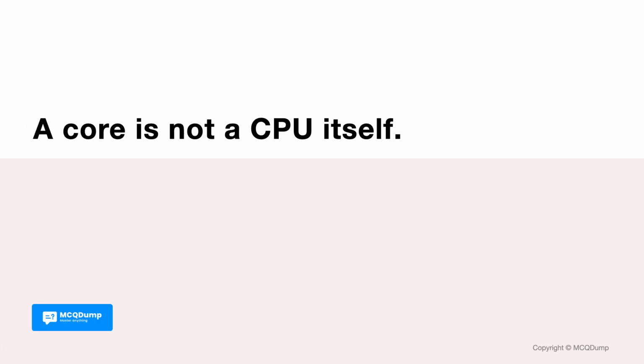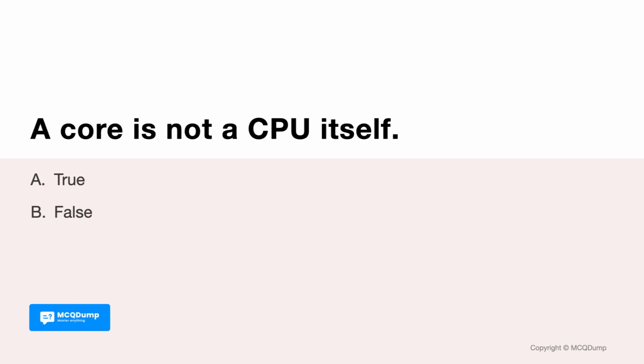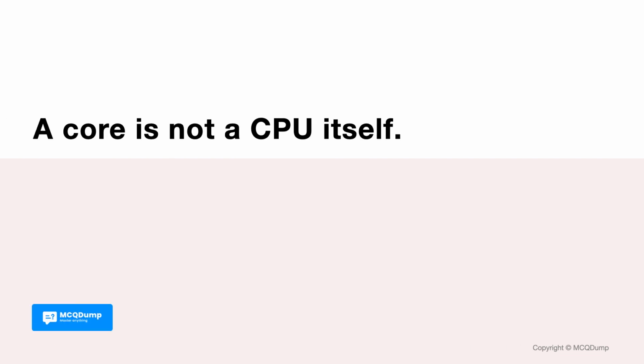A core is not a CPU itself. True or false? It's false. A core is a CPU itself. It is a separate device inside the main CPU chip. Modern computers have the ability to support more than one core inside the main chip.